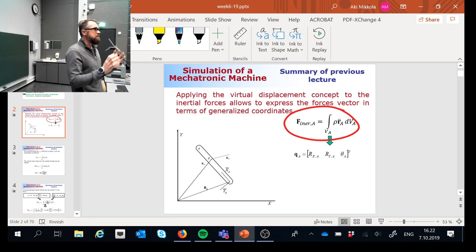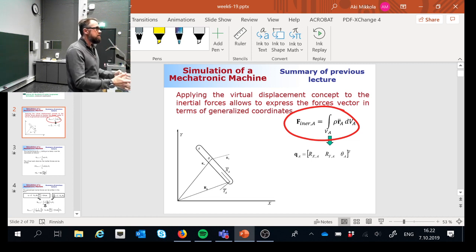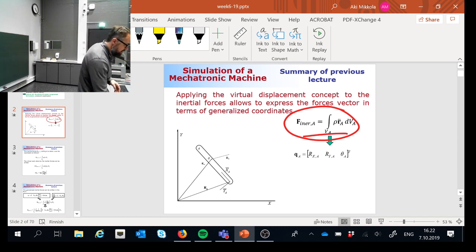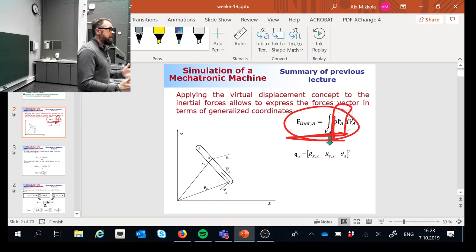Again, look at what our objective here is. We would like to express inertia forces in terms of generalized coordinates. How they are expressed in this equation is not with respect to generalized coordinates. How can I tell you that? Simply because of the vector in this expression, r double dot, an acceleration with respect to the global coordinate axes x and y.